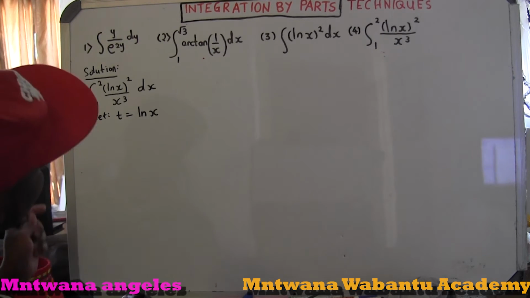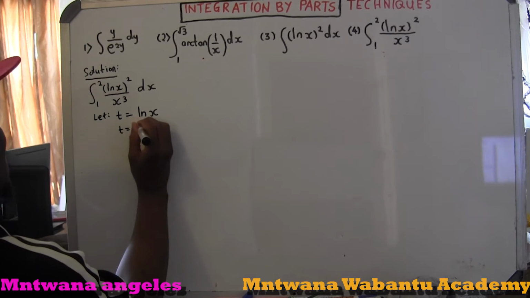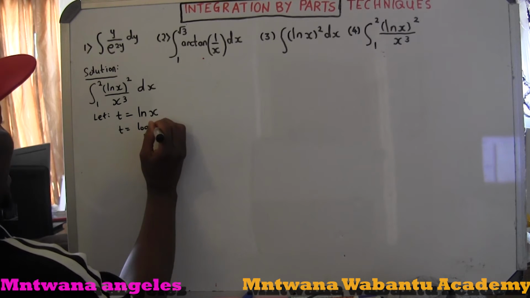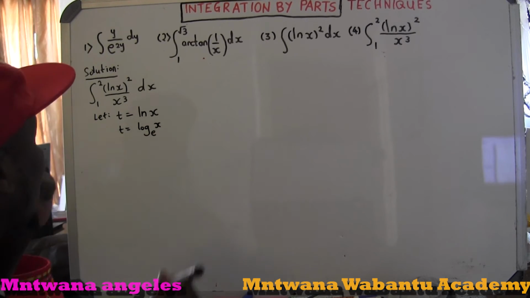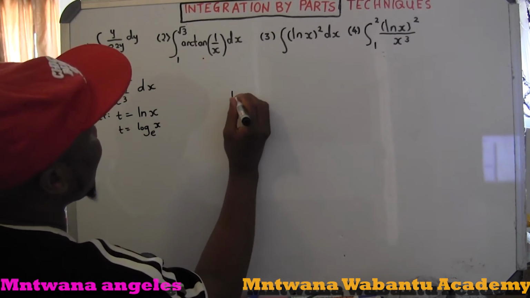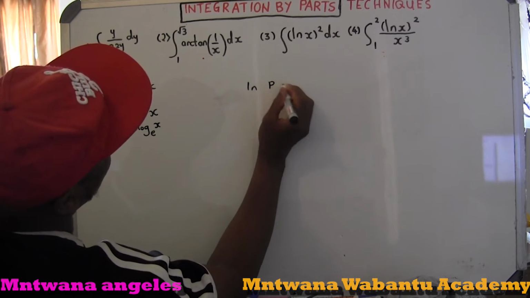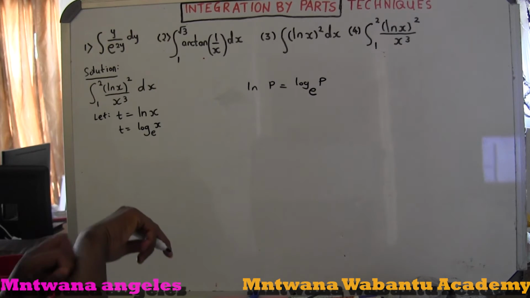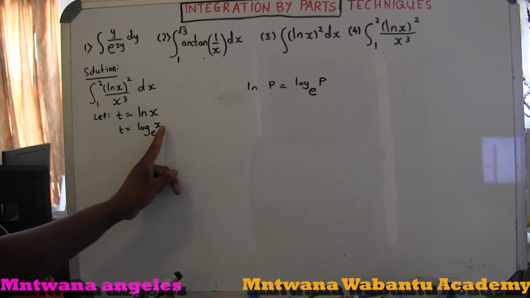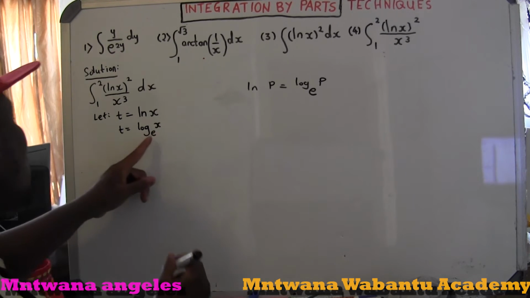t equals ln of x, and mathematically this is the same as log of x under base e. If somebody says ln of p, it's the same as log of p under base e. Then I want to make x the subject, so you can use the exponential rule.